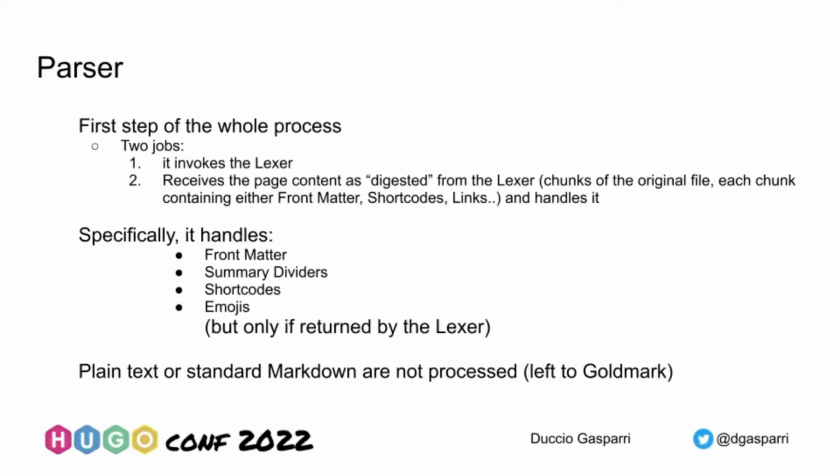And second, it receives the content as digested by the Lexer, that is, a chunk of pieces of front matter, shortcodes, links, Markdown or plain text, and so on, and handles them. Specifically, it handles front matter, summary dividers, shortcodes, and emojis. The plain text or the standard Markdown are not processed by the parser. They are just left for Goldmark.